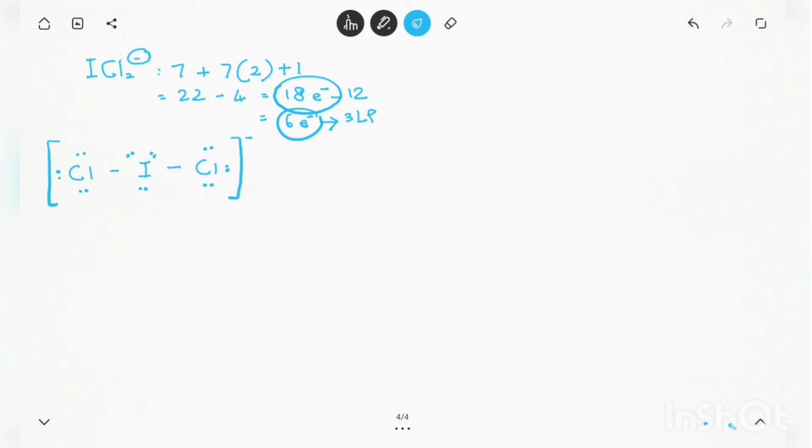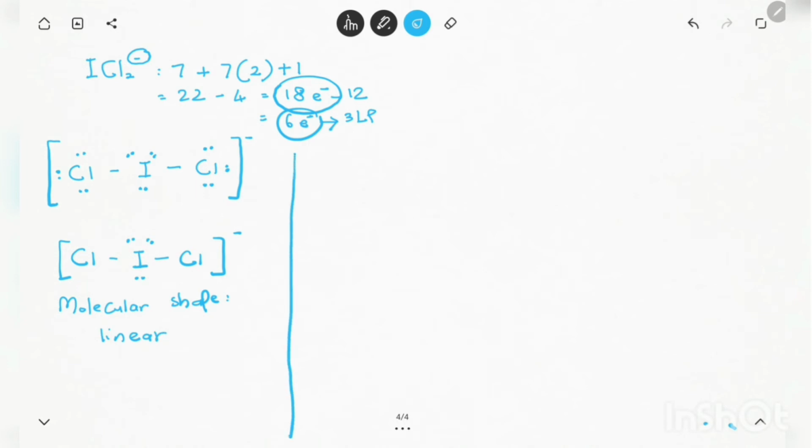The molecular shape is linear since we have 2 bonding pairs and 3 lone pairs around the central atom. This is the molecular shape. Now to identify the type of hybridization, count the total number of lone pairs and sigma bonds around the central atom.